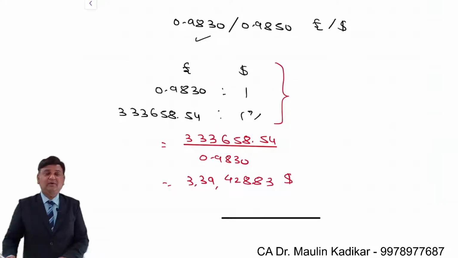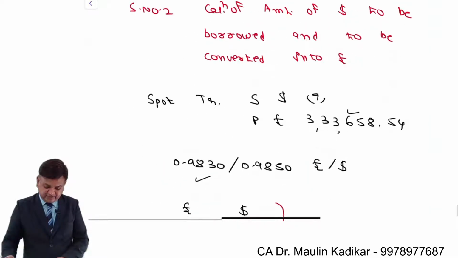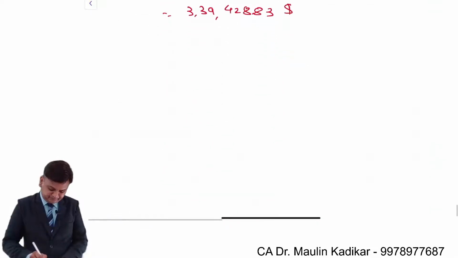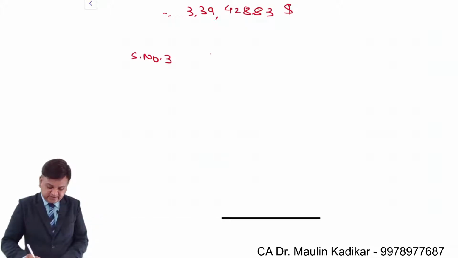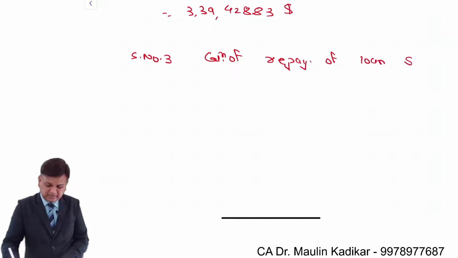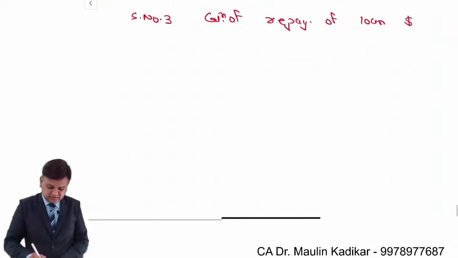Now whatever the amount of the dollar to be sold is required to be borrowed today. So we will have step number 3: calculation of repayment of loan in dollar currency. It is principal plus interest.